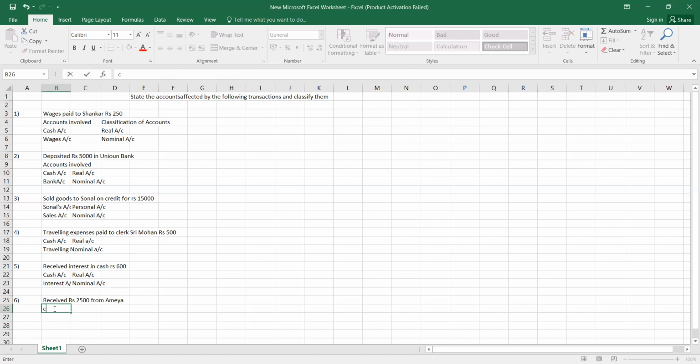So cash you have received, cash account is affected, cash is coming. And from whom have you received it? You have received it from Amia. So cash account will be a real account and Amia's account is a personal account.